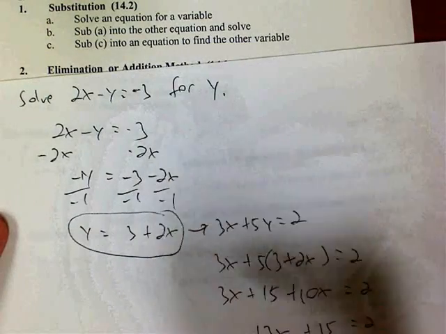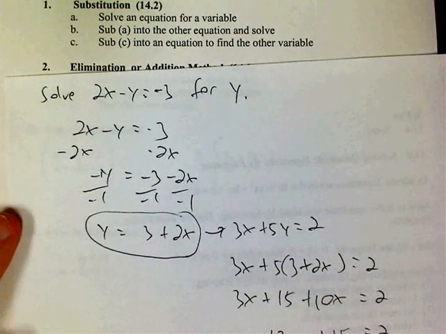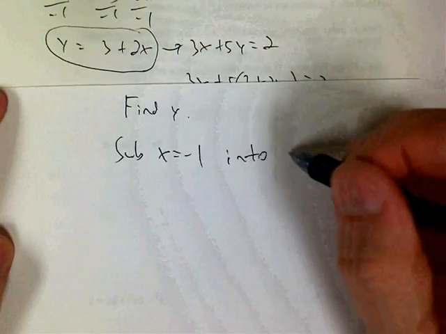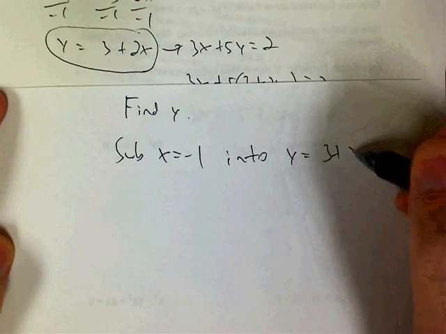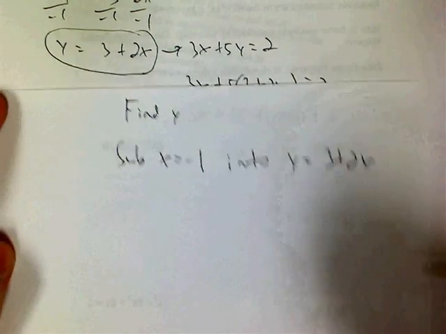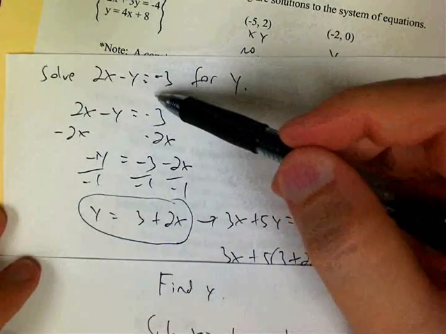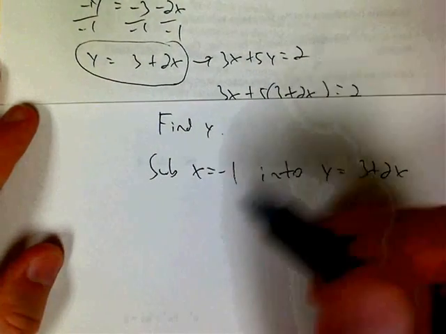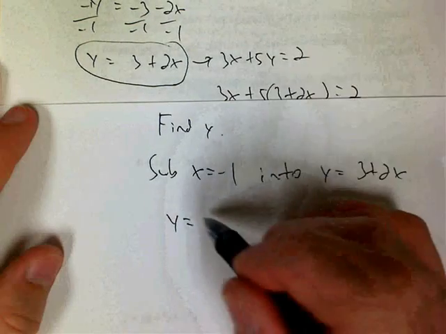That's what I'm going to substitute x equals negative 1 into, because it's the easiest thing to use. And it's the exact same as the equation that's in the system. 2x minus y equals negative 3. It's the exact same. Which means that I end up with y equals 3 plus 2 times negative 1.